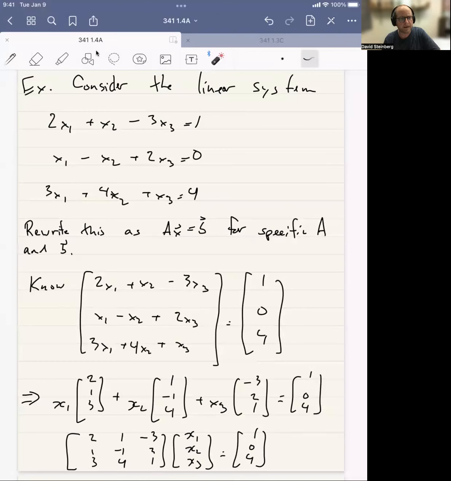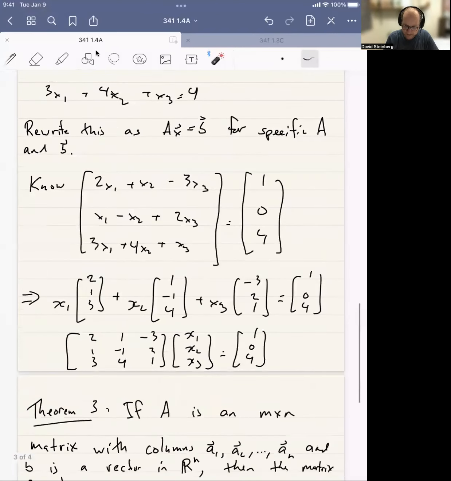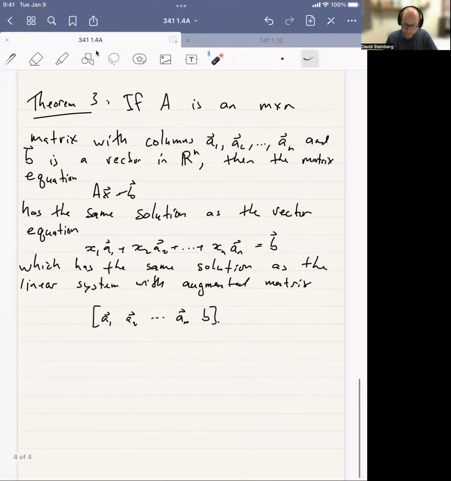Okay, now we have the following little theorem to help us summarize. If A is an m by n matrix with columns a1, a2, up through an, and b is some vector in Rm, then the matrix equation Ax equals b has the same solution as the vector equation, which is just the linear combination of the columns of A with weights coming from x, that linear combination being set equal to b.